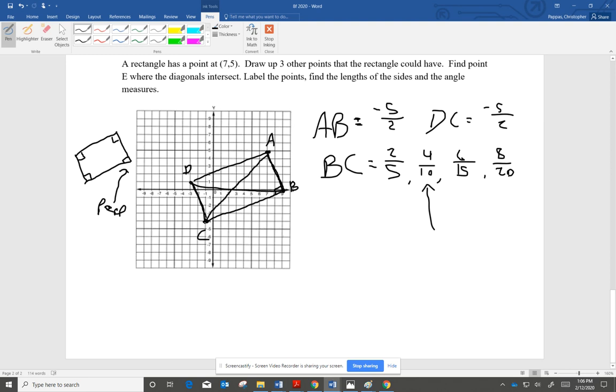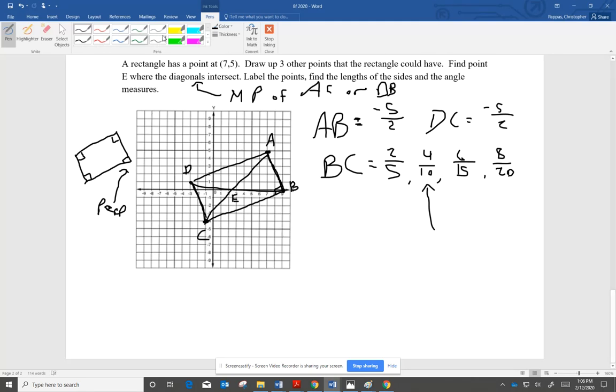So next we want to do our diagonals to find point E. Again, same thing we did with the parallelogram. Point E is going to be the midpoint of the diagonals. So midpoint of AC or DB.